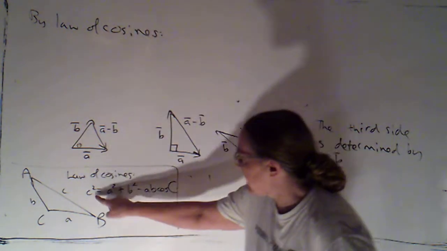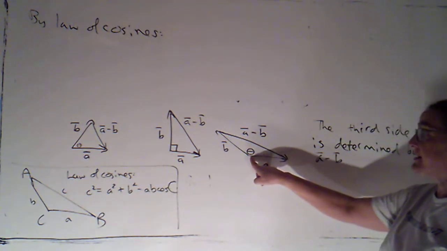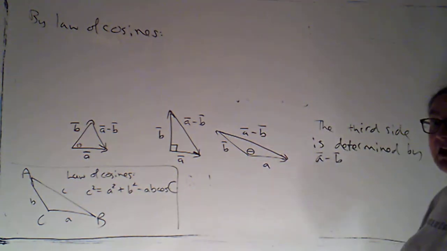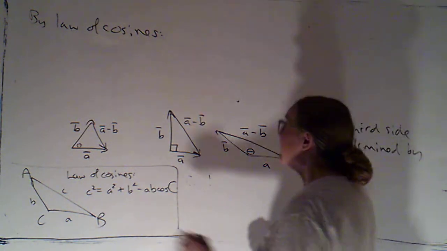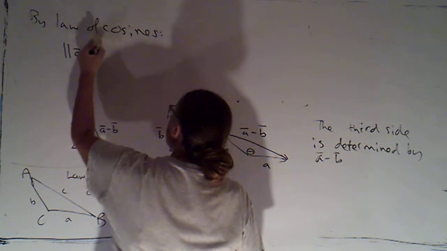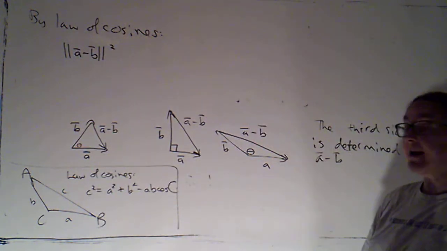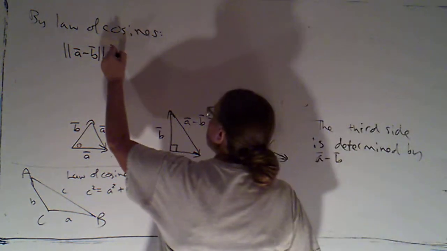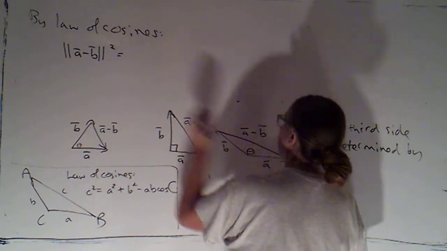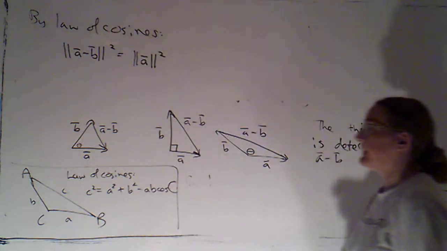Now notice side C is opposite angle C. Now here the angle that I know is theta. The side that's opposite it was determined by A minus B. So that side length is the magnitude of A minus B. That's going to be that side length squared. And that's going to equal this side length squared.